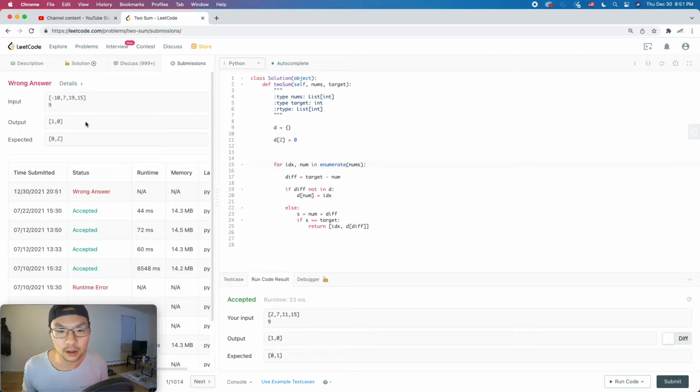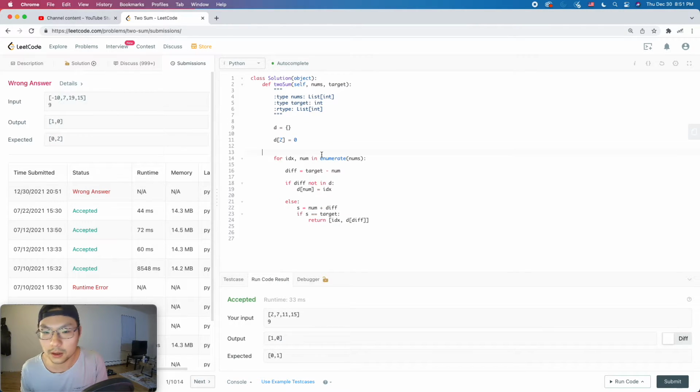So for example, this example, the target is 9. What gives us 9? Well, it's 0 and 2 here, right? Nothing else is going to give us 9. So we go to the first one, negative 10. We get the difference between the target, which is negative 1.